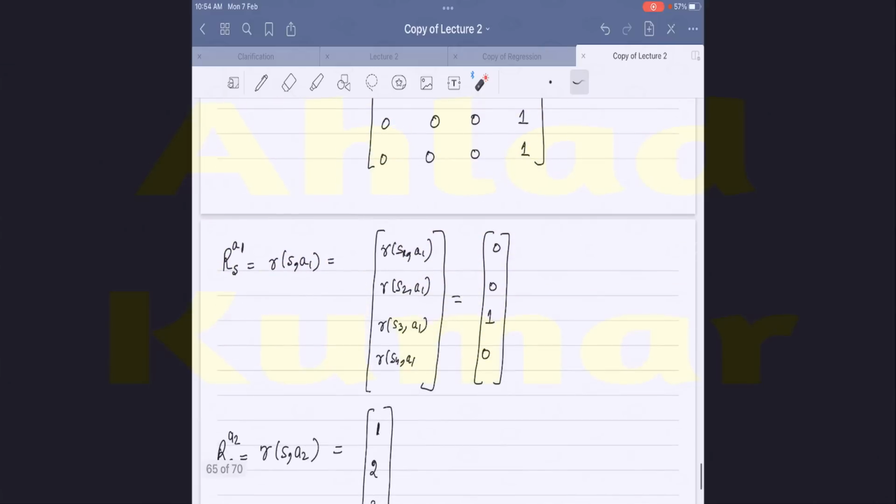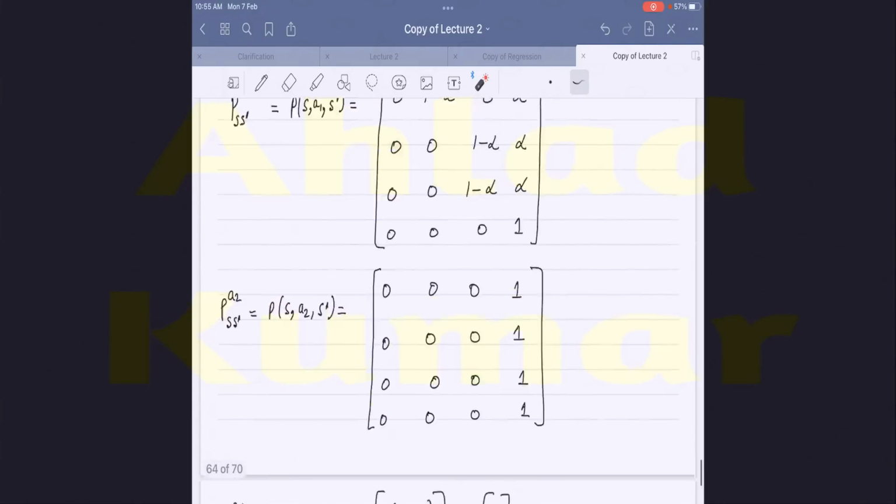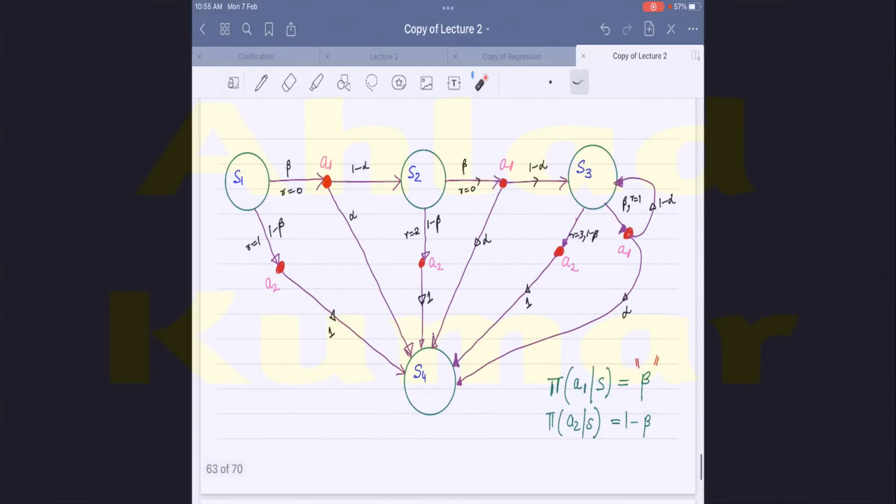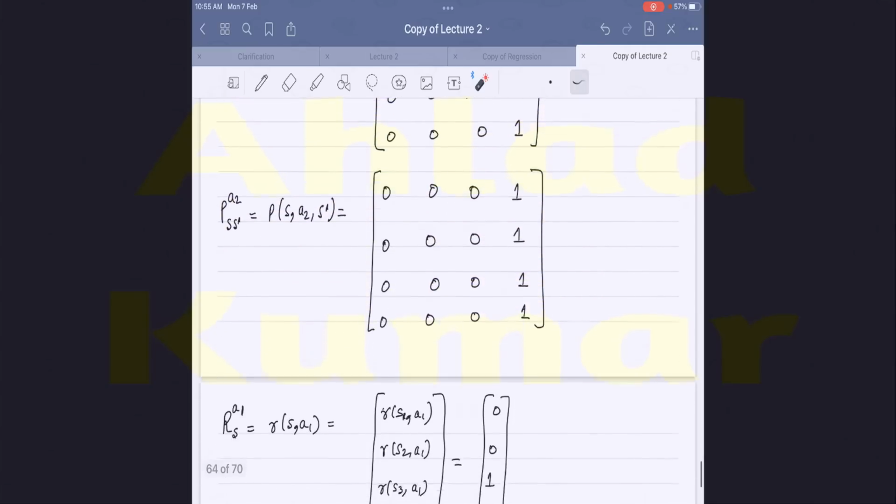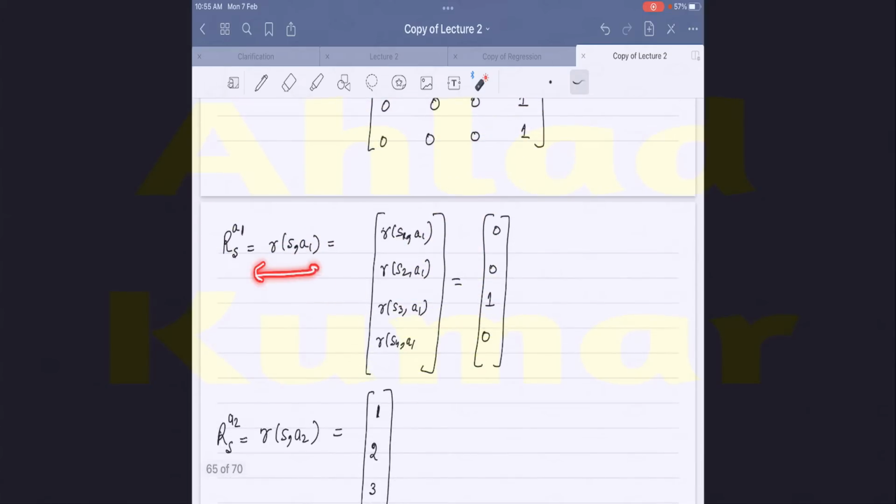Now if I want to write the rewards, as you can see, rewards are also a function of the action. Whether you have taken action A1 or action A2, rewards also change according to the actions. So we can create a one-dimensional column vector, having the different states and the action in the columns. If I take action A1 for all different states, its value is given like this.